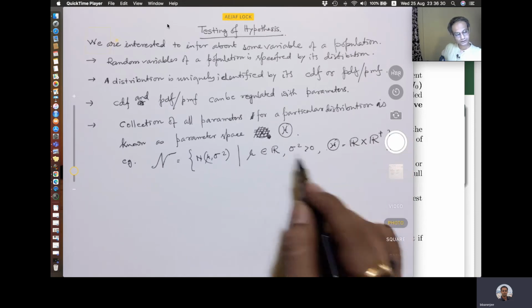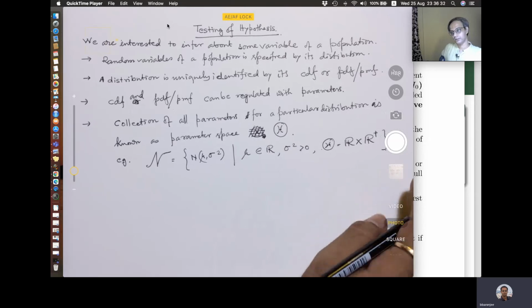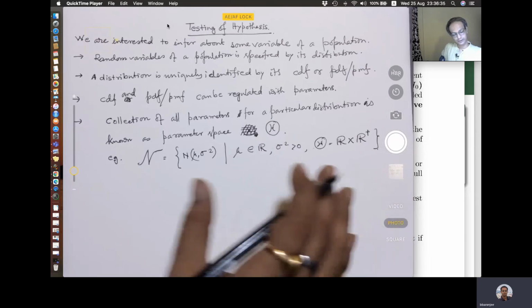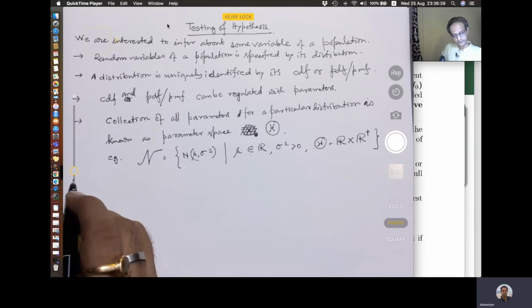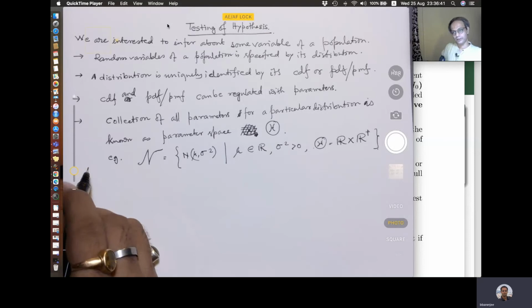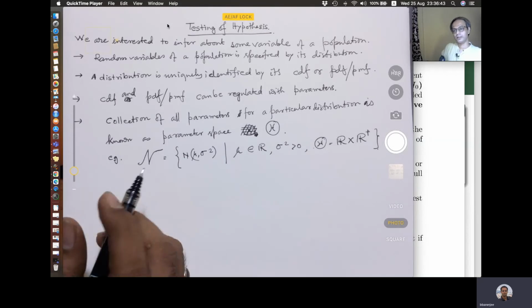This contains all possible normal distributions. Similarly, you can go for binomial, beta, gamma, all this stuff.